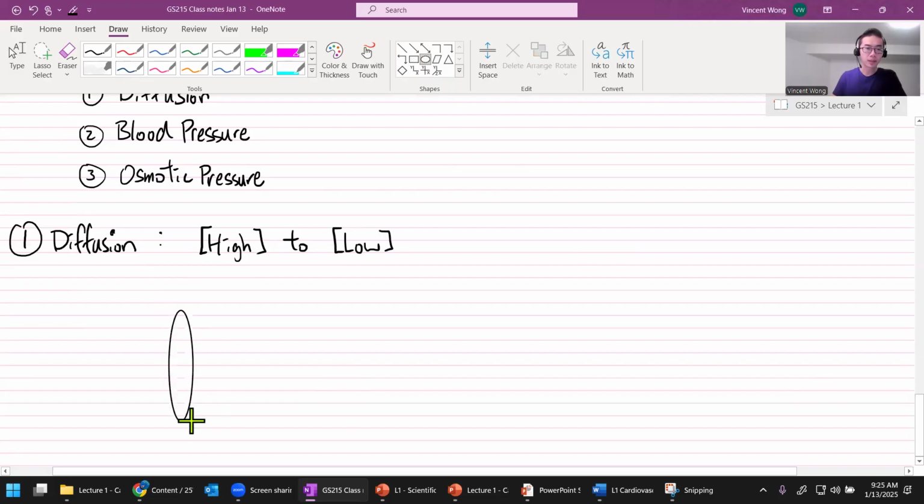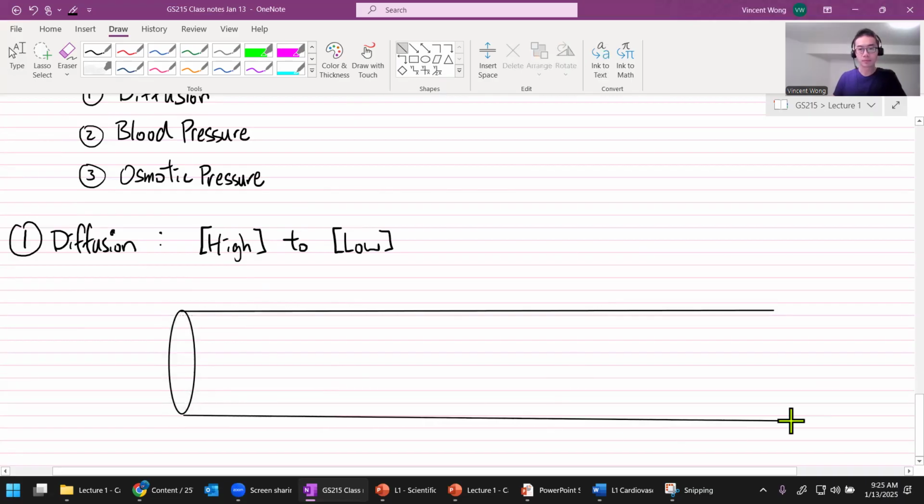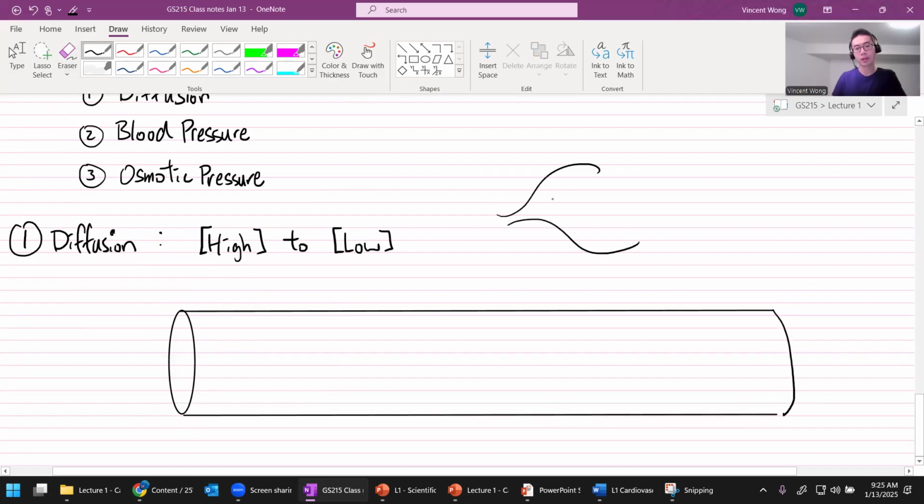Okay, so we're gonna draw a diagram here. I know the capillary is more like a net, but that's super difficult to draw, right? So I'm just gonna draw it as a single tube. So this is the capillary.